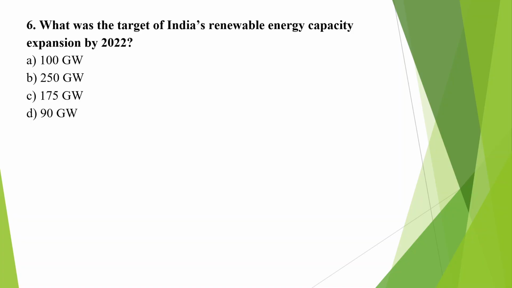So as I can see, most of you are opting for option B, and very few of you are opting for option C. Let's see who is correct. We are talking about the initial target of India, which was made for 2022.